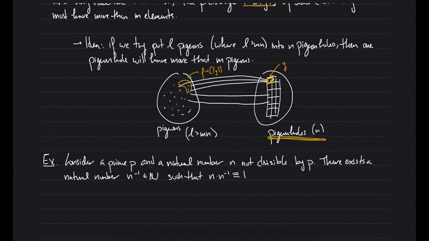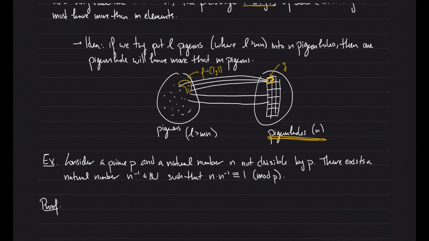So if I multiply n and n inverse together, I'm going to get 1, but this is mod p. In particular, every number that's not equivalent to 0 mod p has a multiplicative inverse. And like I said, this is a very important theorem that makes the whole world go round.